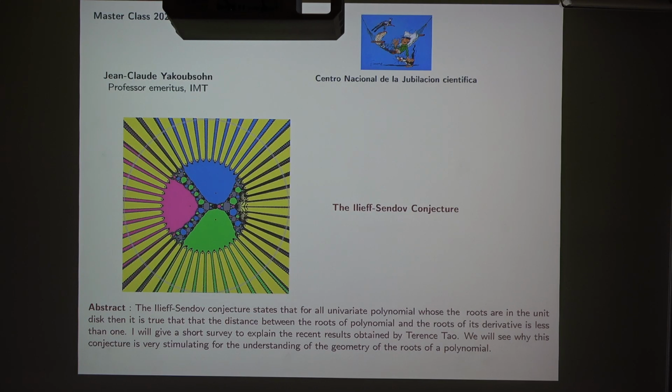It's a classical property, and perhaps you know it. The property which connects the roots to infinity is very important to approximate the roots. And this is a study of the dynamical properties of the Newton method. And how is it related to the Ilieff-Sendov conjecture?